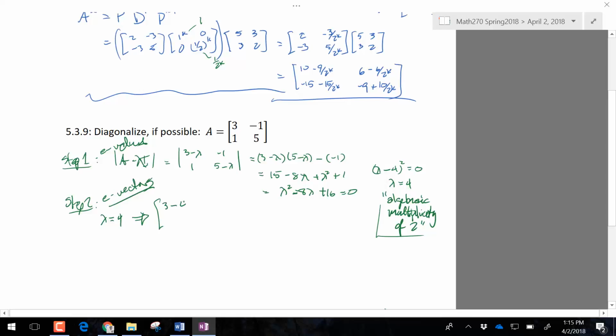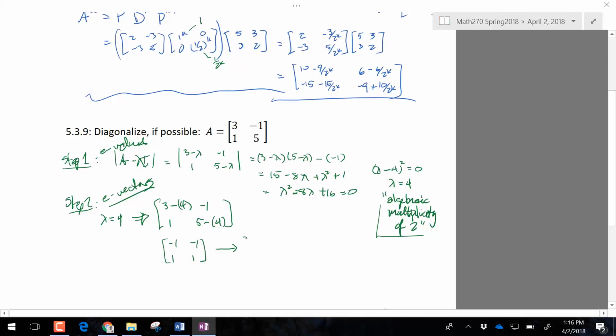So 3 minus lambda, negative 1, 1, and then 5 minus lambda. We want to find the null space of this matrix. And remember, to find the null space, we row reduce to figure out what the solutions are, assuming this is a homogeneous system of equations. What's 3 minus 4? This is -1, -1, 1. 5 minus 4 is 1. So we'd expect at least one solution for this.